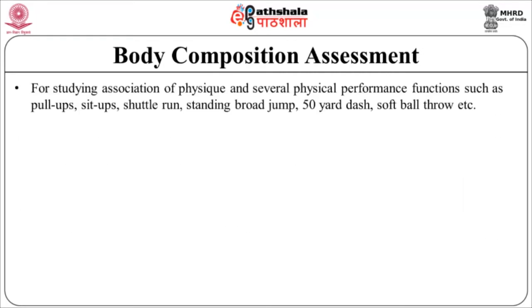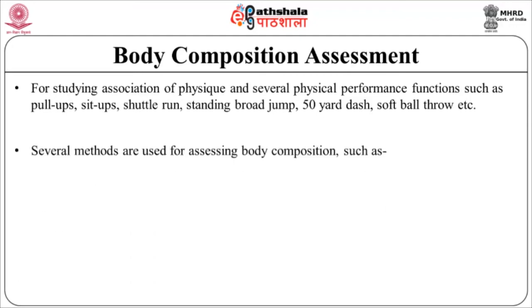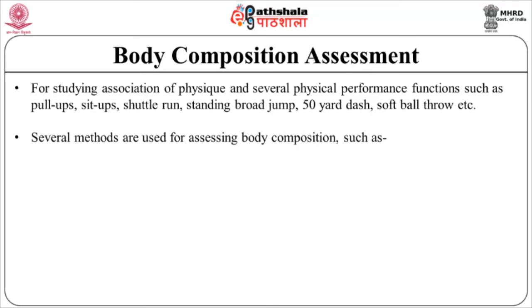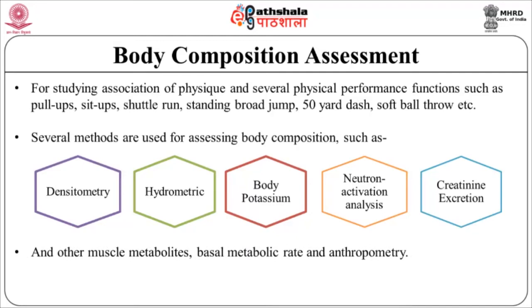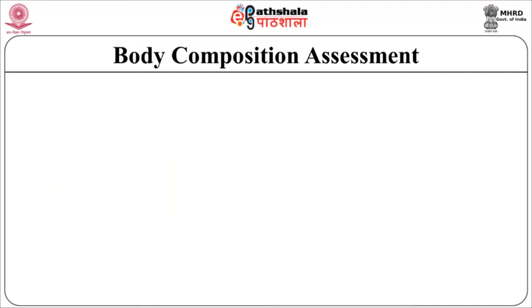Body composition assessment is used for studying the association of physique and several physical performance functions such as pull-ups, sit-ups, shuttle run, standing broad jump, 50-yard dash, softball throw, etc. Several methods are used for assessing body composition such as densitometry, hydrometry, body potassium, neutron activation analysis, creatine excretion and other muscle metabolites, basal metabolic rate and anthropometry.